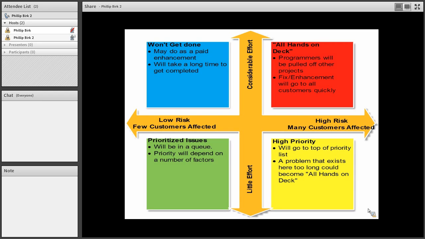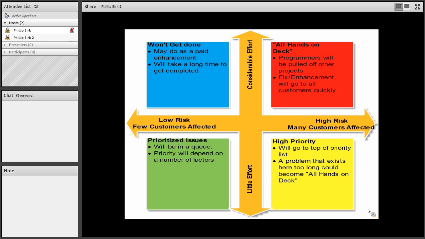If it's there too long, it'll probably end up in that red all hands on deck. These high risk, considerable effort problems. Remember, the vendors really want to make sure that they are minimizing their liability and their risk.